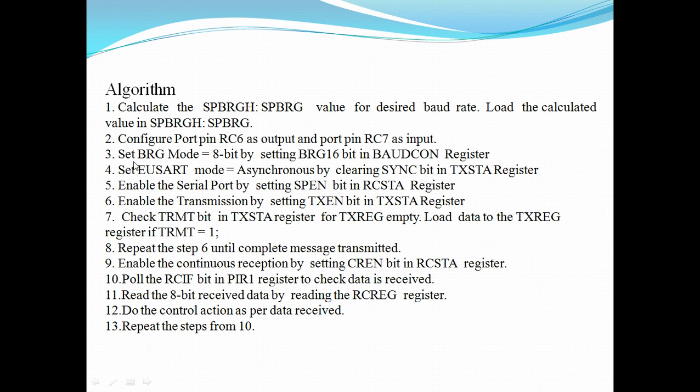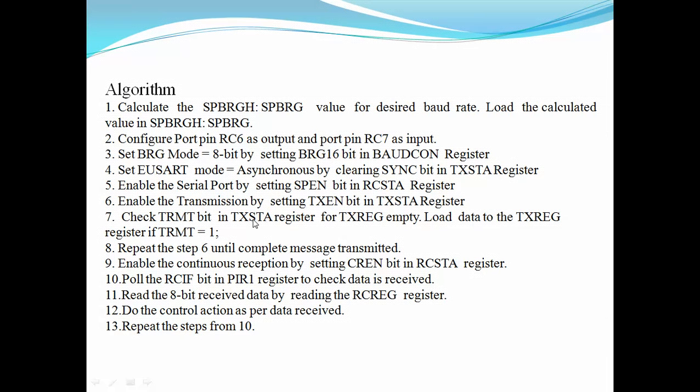Then we will use 8-bit mode only, so we will select 8-bit mode in the BRG register. Then we will enable asynchronous mode by writing 0 to the SYNC bit in the TXSTA register. Then we will enable the serial port by writing the SPEN bit to 1 in the RCSTA register.